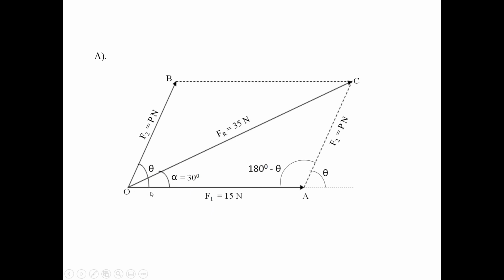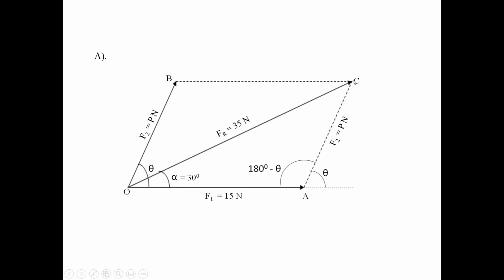So first prepare the parallelogram OABC of this problem. OA is the force F1, OB is the force F2, and theta is the angle between them. OC is the diagonal, the resultant force, 35 Newton. The angle between F1 and Fr is 30 degrees. Take the triangle OAC.